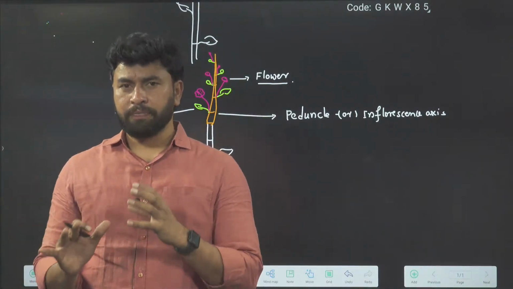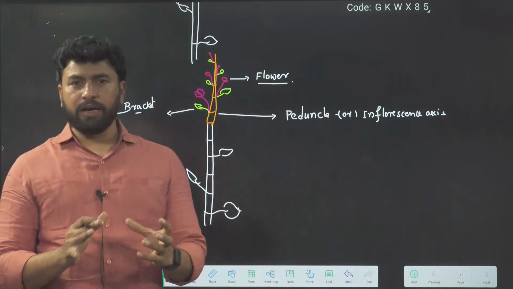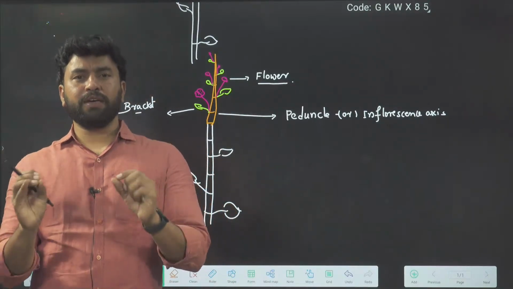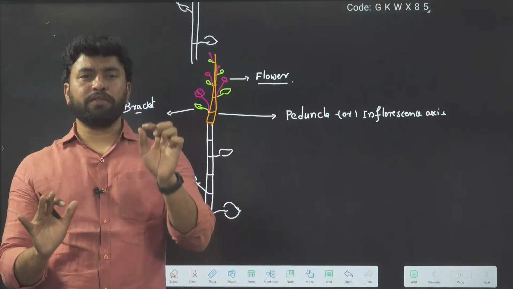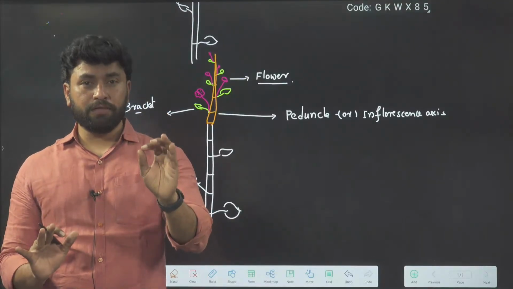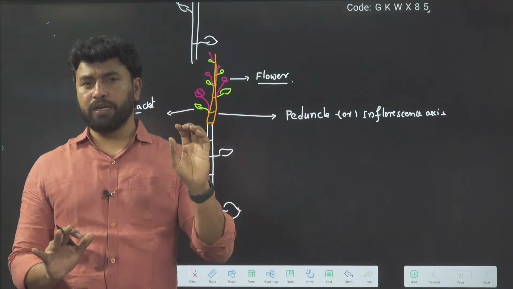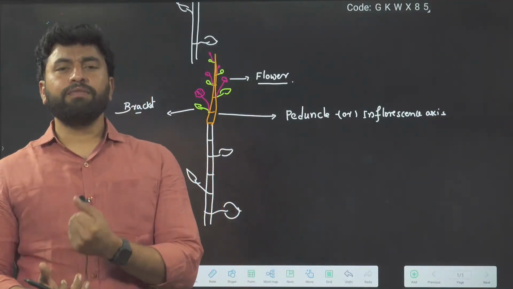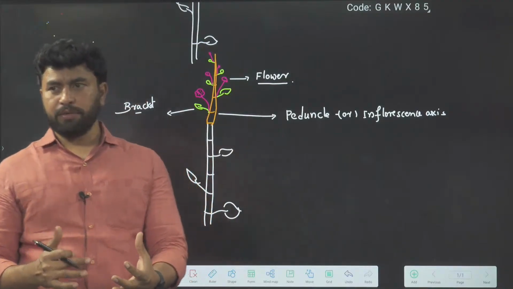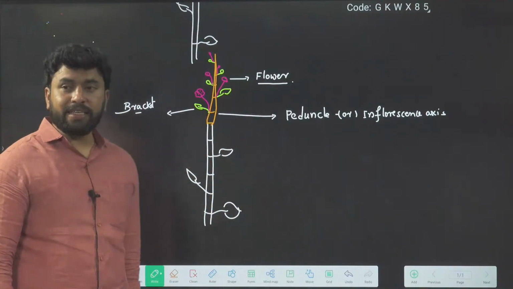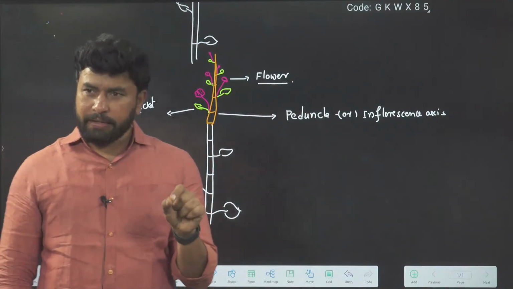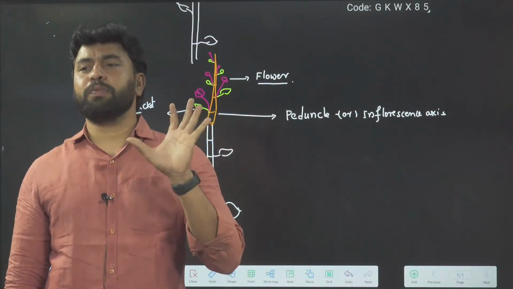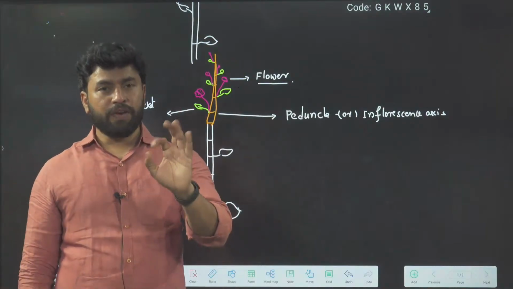What is its work? Generally, bracts, so-called leaves developed on the surface of peduncle, have a protecting property of flower. They are the ones protecting flowers. Then, actually on the peduncle, from where are you getting flowers? We get flowers from axillary bud. On the axil of a bract, there should be a presence of an axillary bud, that is the one which is responsible for the development of flower.